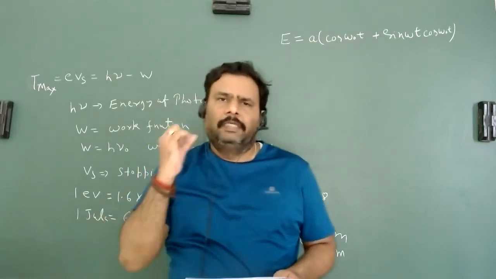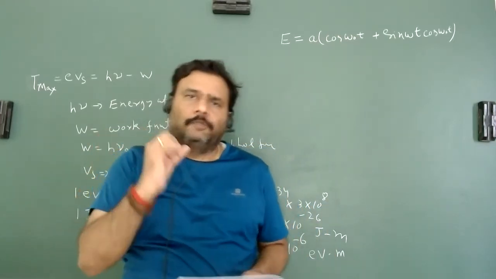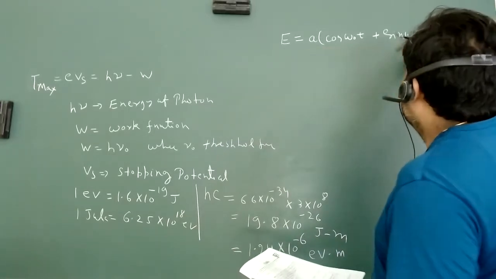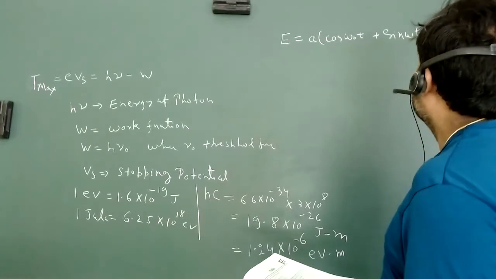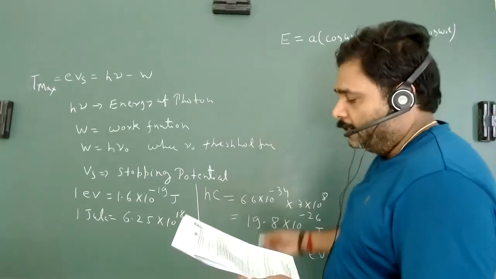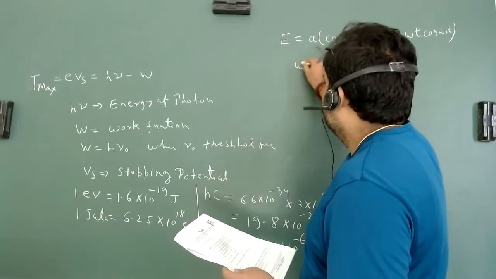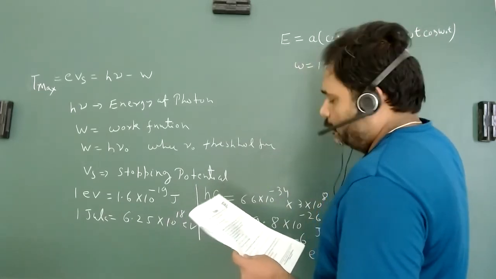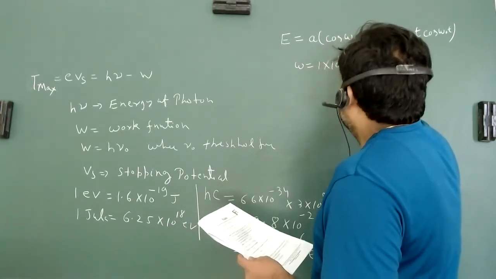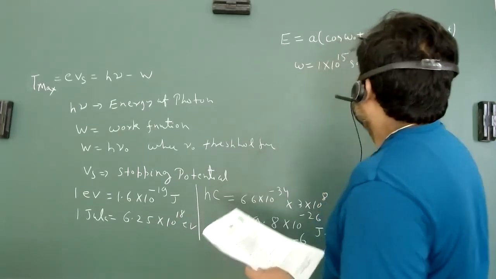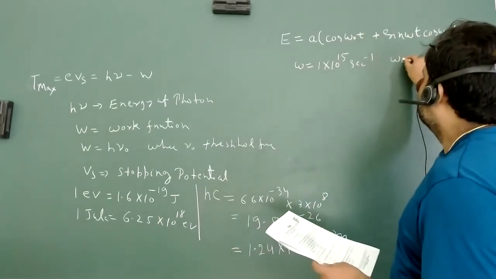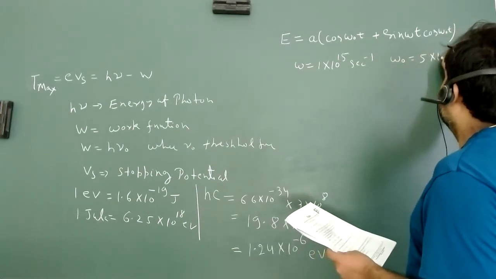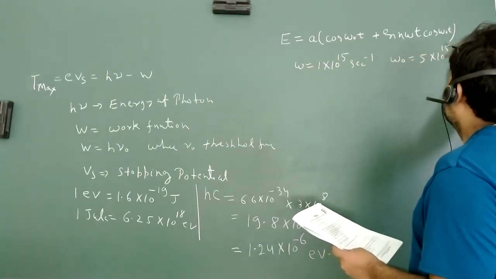This is basically some source of light, some source of electromagnetic wave, whose mathematical equation is this particular thing. It is also given that the value of ω is 1 into 10 to the power 15 second inverse, and the value of ω₀ is 5 into 10 to the power 15 second inverse.